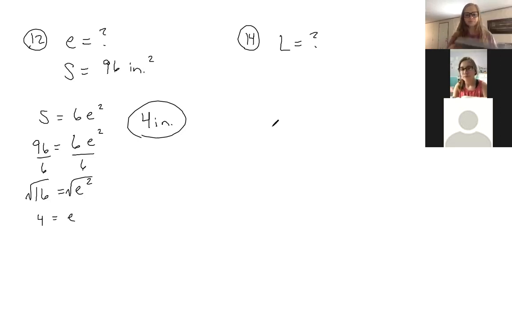How many bases? We have 2, okay? And I hope I haven't confused you, but I've kind of differentiated between faces and bases. Here's what I want to differentiate.